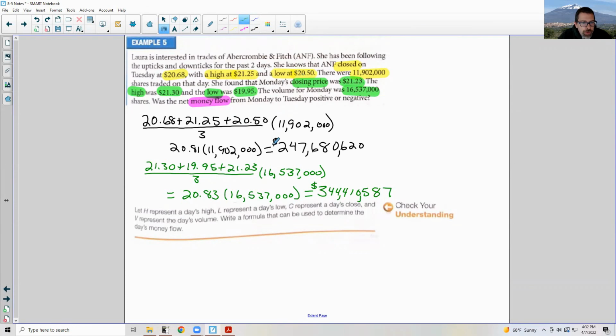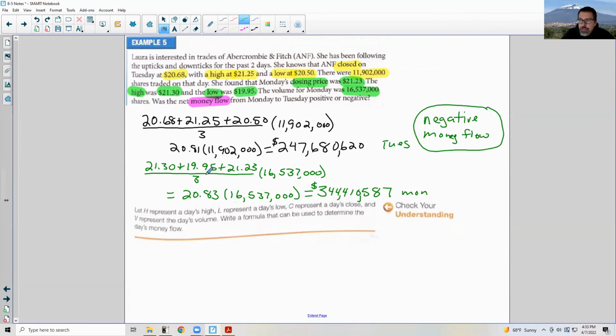So this was Monday and this is Tuesday. Since it went from 344 million down to 247 million from Monday to Tuesday, this is a negative money flow. Okay, so the question asked, was it a positive or negative money flow? The answer is it was negative.